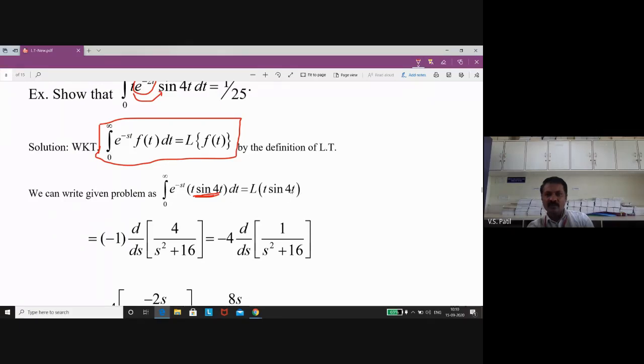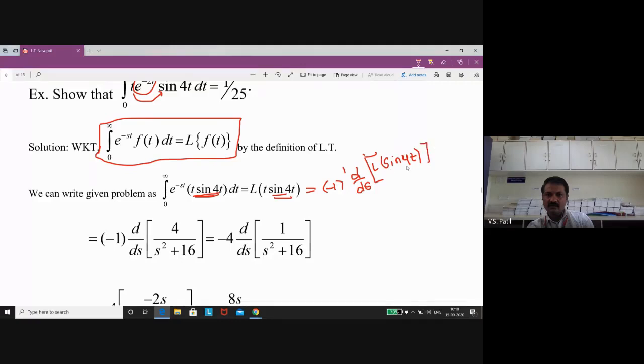Now, for this L of t sine 4t, which property are you going to use? You can write this using the second property, minus 1 raised to 1, since only one t is multiplied. You can consider sine 4t as your f of t. So only t raised to 1 is multiplied, and you can write d by ds of the Laplace transform of sine 4t.